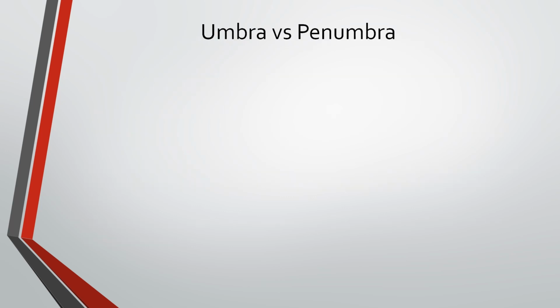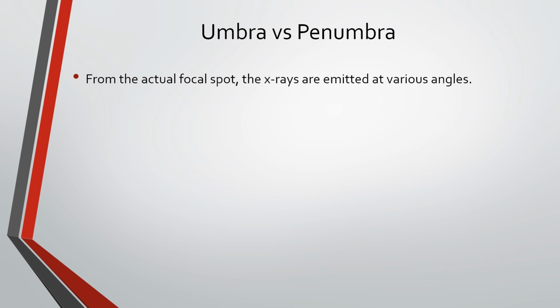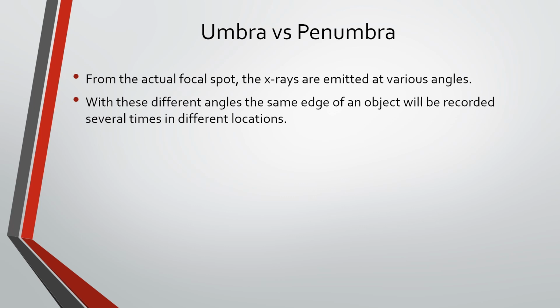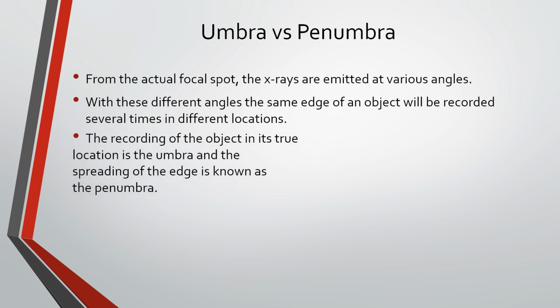This brings us to umbra and penumbra. From the actual focal spot size, the X-rays are emitted at various angles. With these different angles, the same edge of an object will be recorded several times in different locations. The recording of the object in its true location is the umbra, and the spreading of the edge is known as the penumbra.